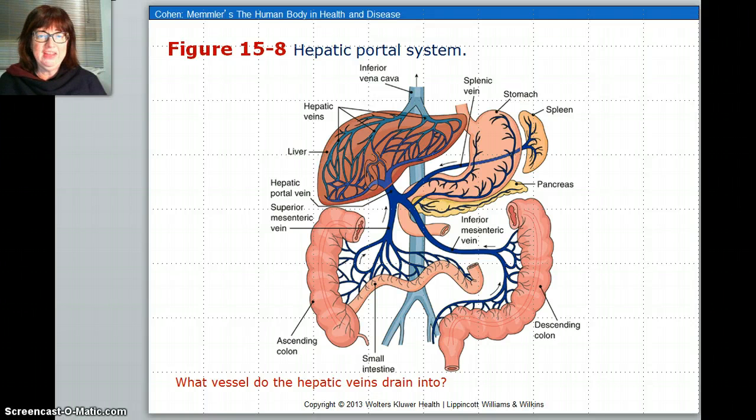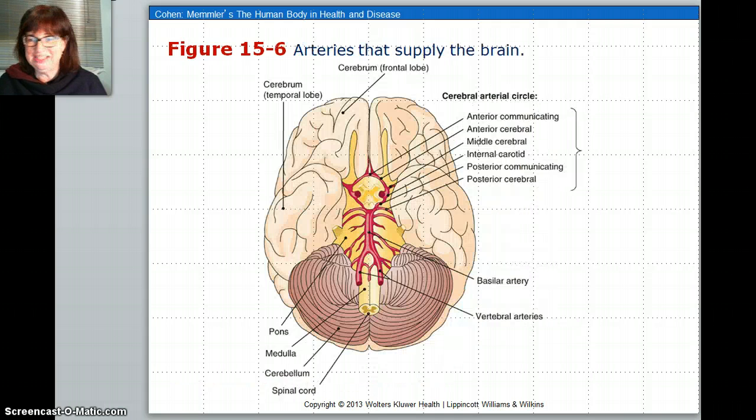Another system that I want to look at, you don't necessarily need to know the names of it, but I want you to be aware of what's called the circle of Willis in the base of the brain. So here's the brain, here's the cerebellum, this is the spinal cord, which leads to the pons and the medulla.